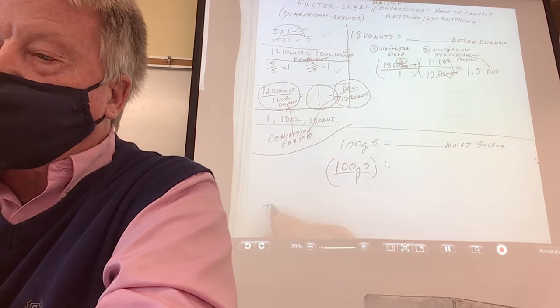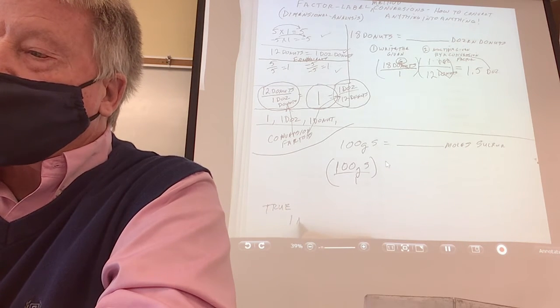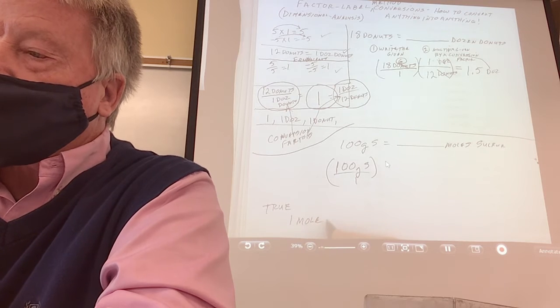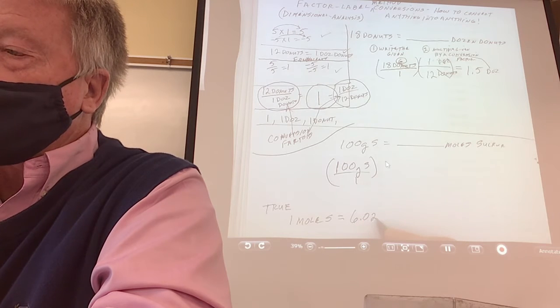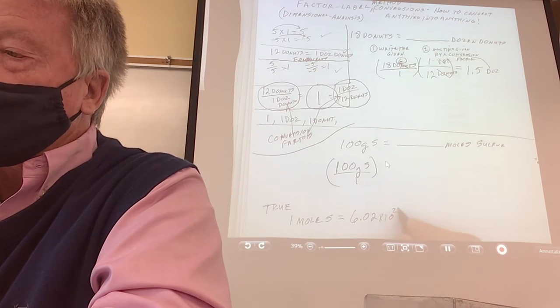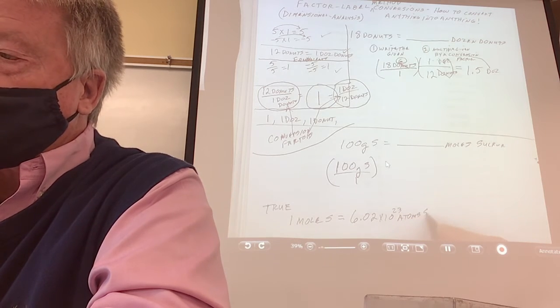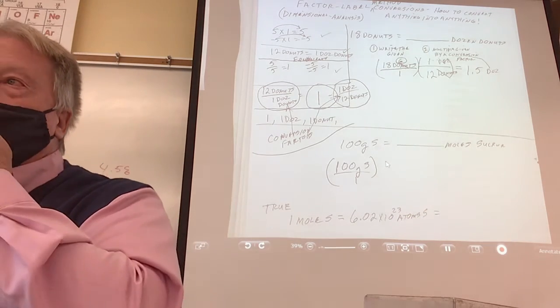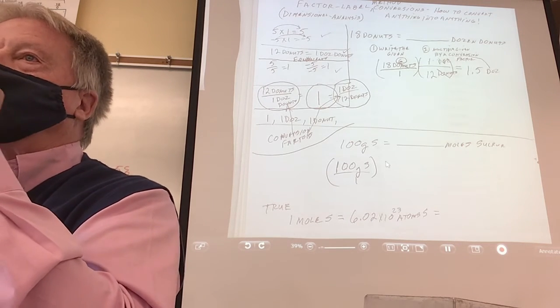This is always true: 1 mole of sulfur is equal to this many pieces, and they're called atoms of sulfur. Like if I said 1 dozen eggs, you wouldn't ask me how many.